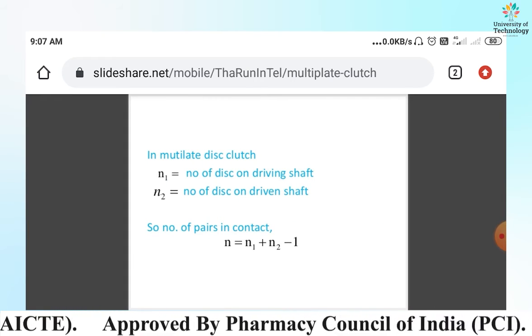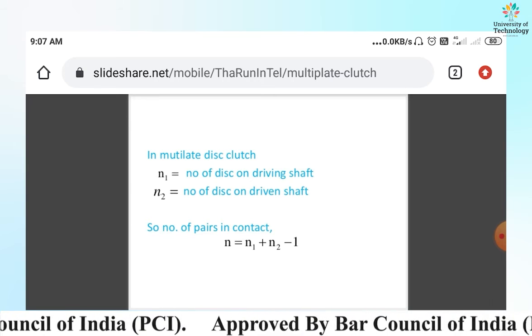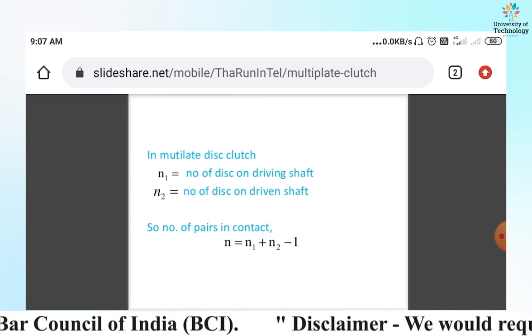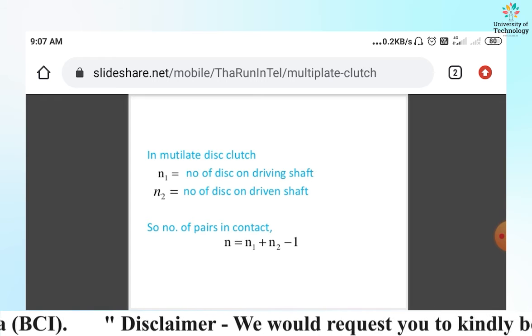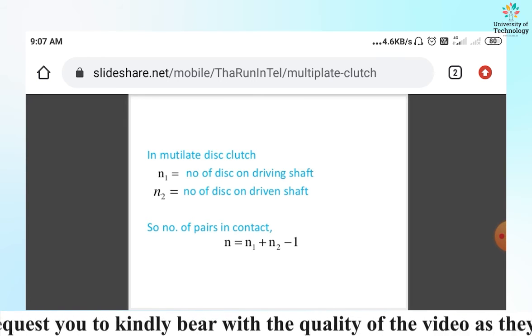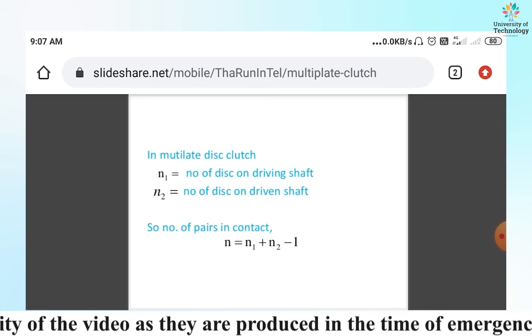In a multiplate clutch, n1 is the number of discs on the driving shaft and n2 is the number of discs on the driven shaft.